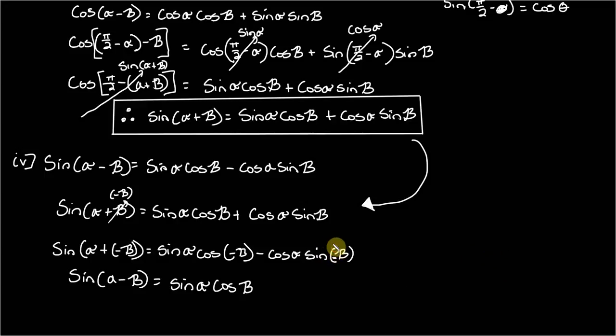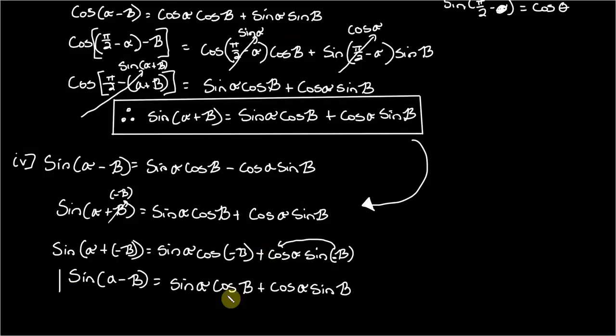This negative comes out. This equals negative sine beta. That negative comes out. We get double negative. It's positive. Therefore, cos alpha sine beta plus cos alpha sine beta, and oh, that's not right either. No, because this should have been positive.